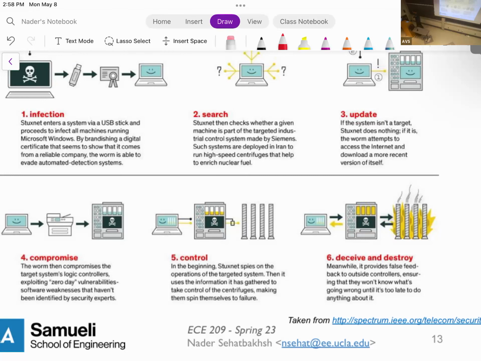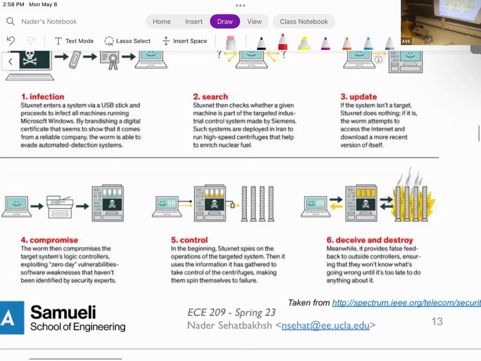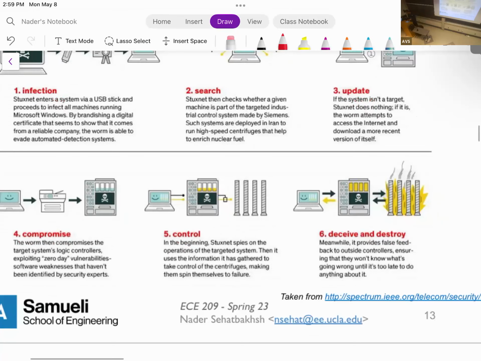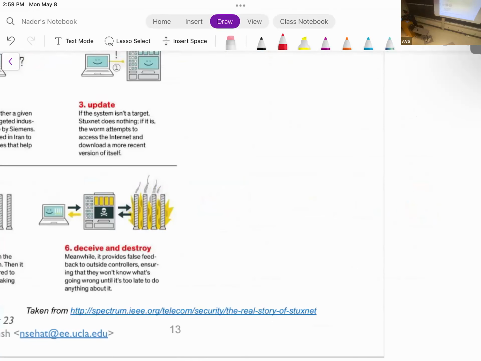For example, this is a real attack. What they did was, these PLCs were controlling the centrifuges, these motors that are rotating at some speed. And they managed a very complicated, multi-step attack that starts with a worm and then installs another virus and so on and so forth. But eventually, so this was the PLC, really the CPU.